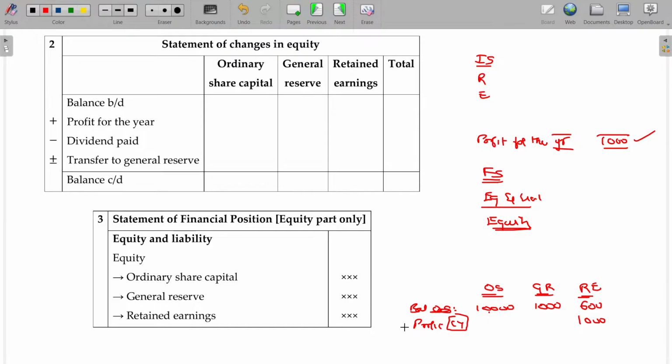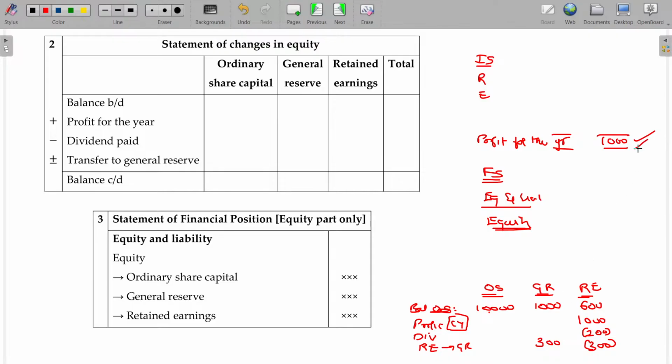And equity shareholders may be paid dividend for their capital contributions, probably assume 200 rupees. That will reduce the retained earnings. And for the future requirement, an amount is transferred probably from retained earnings to general reserve. 300 rupees is transferred, so it should be subtracted from the retained earnings and 300 rupees added in the general reserve.